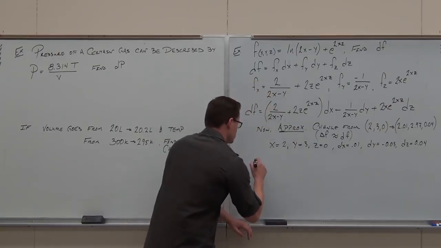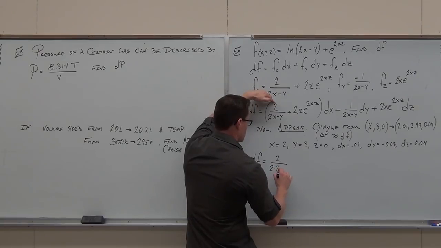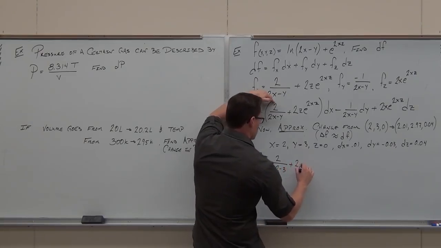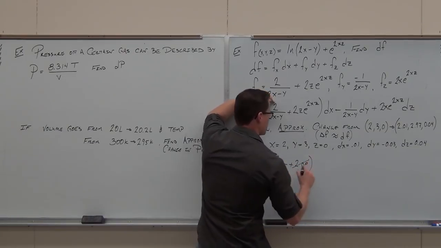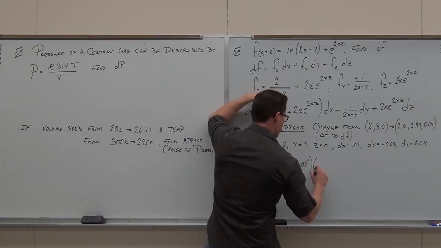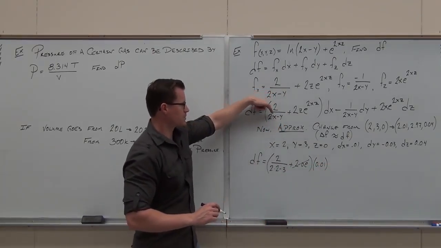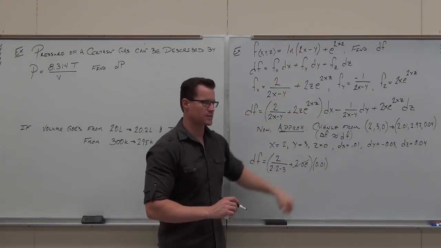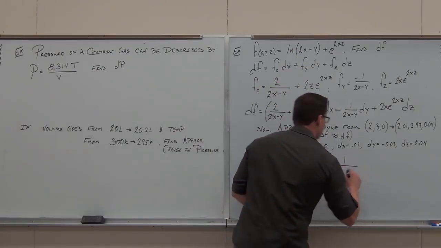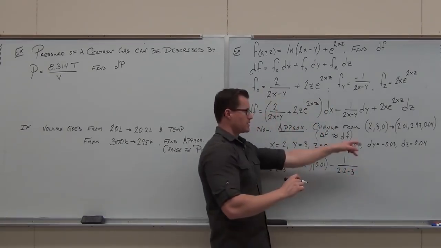So let's try. So what we get, I got 2 times 2 minus 3, z is 0, so this term is gone. dx still matters though. 1 over 2 times 2 minus 3. dy is negative.